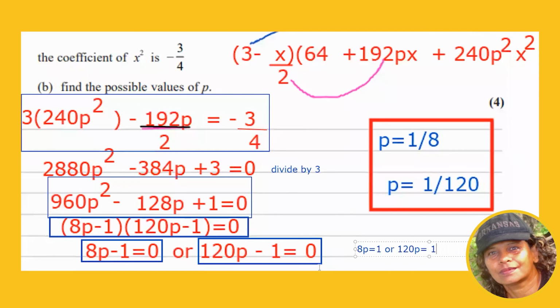And that's how we end up with p is equal to 1 over 8, or p is equal to 1 over 120. And this is our final answer here. Those are the possible values of p, because they ask for the values of p.